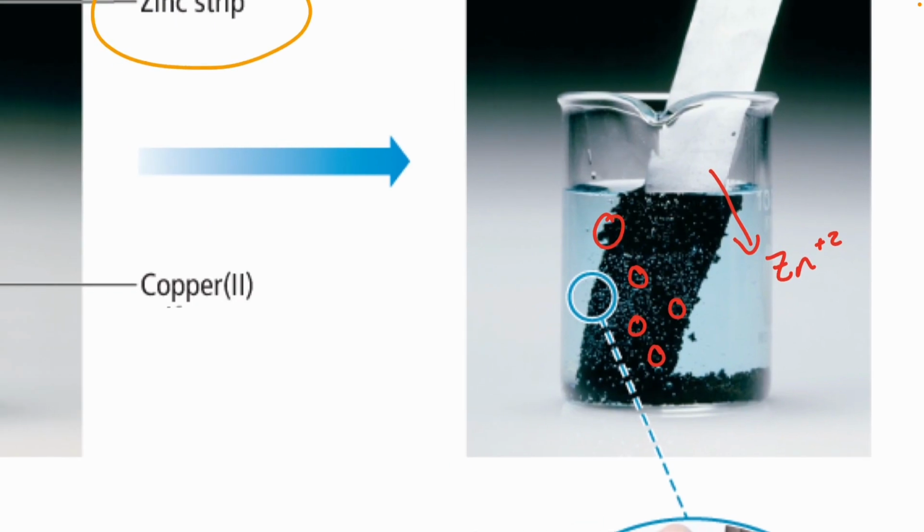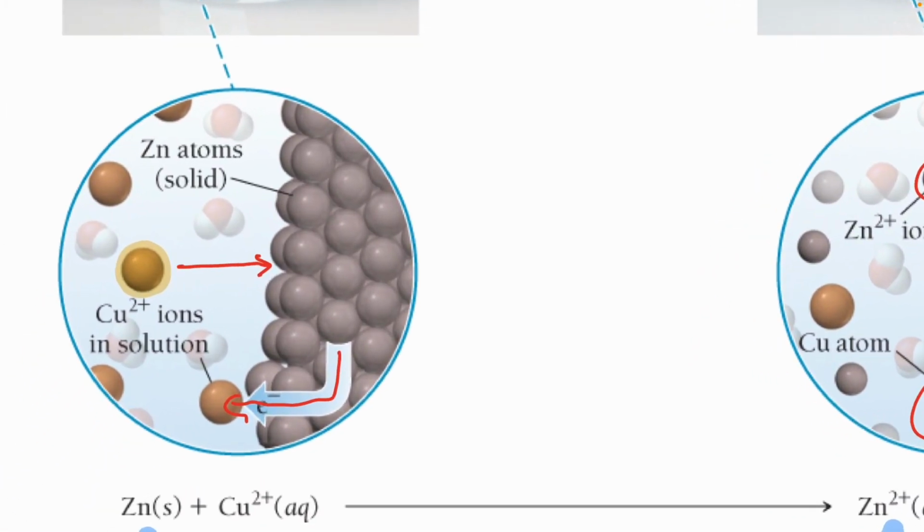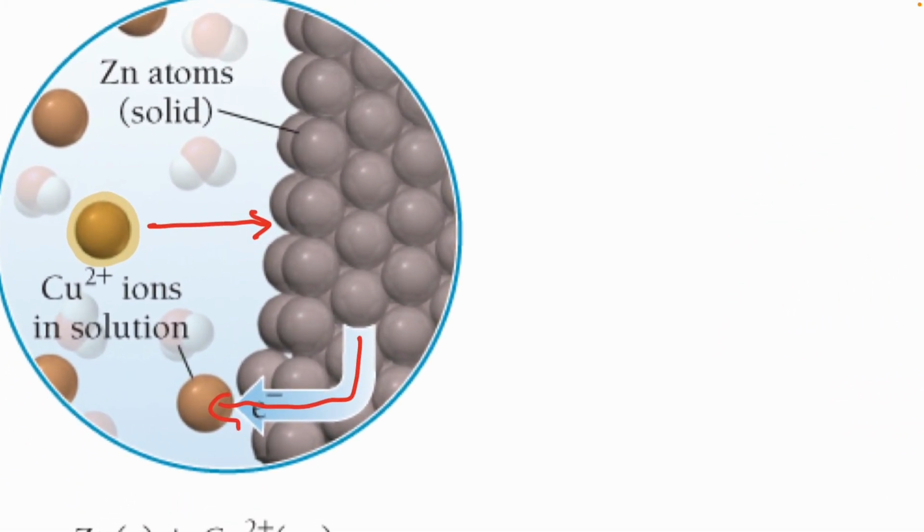The other thing is copper ions are this blue color. So you can tell based on the color of our reactant and our product that they're being pulled out of solution. I'm losing that blue color as copper goes from a copper ion to solid copper on my product side.